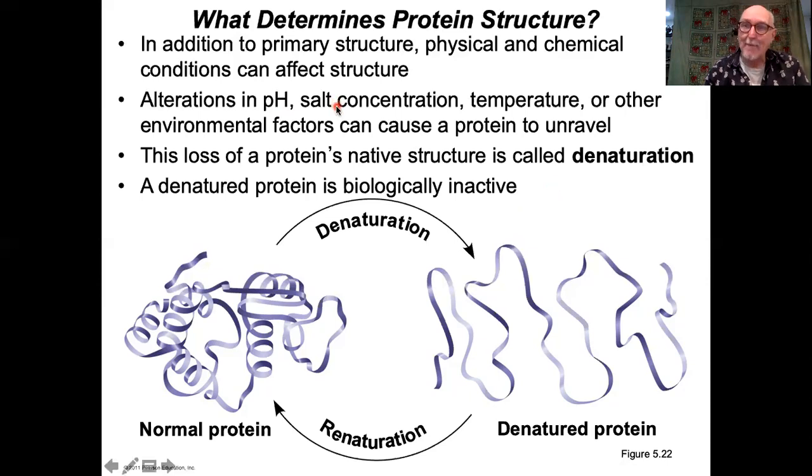Their proteins are adapted for those harsh environments. And if we were to take those organisms and put them into a normal neutral environment, their proteins would also denature. Their proteins are adapted to those environments. The proteins are very, very versatile. And we can find proteins that function under extraordinary circumstances.